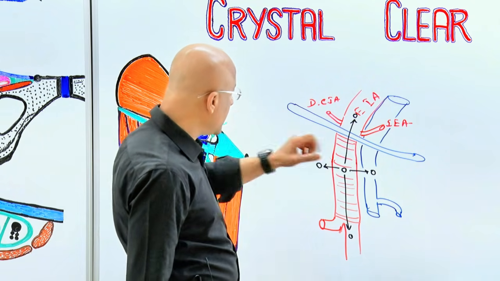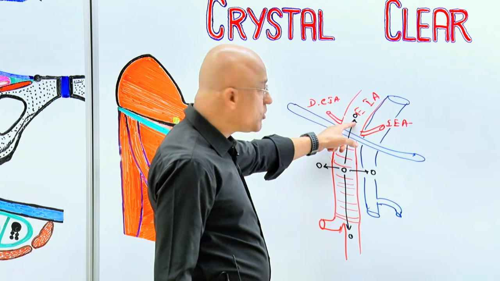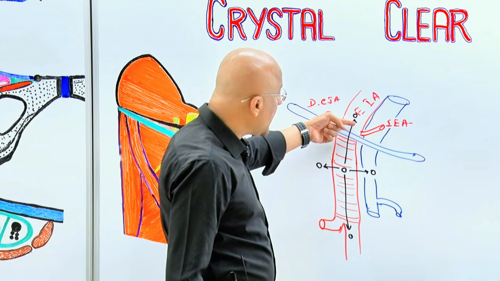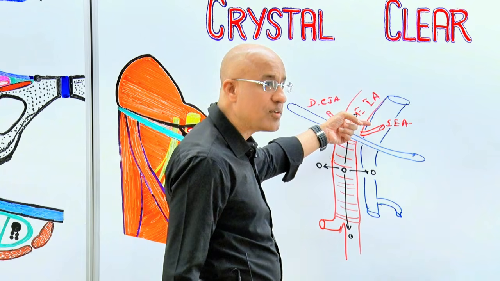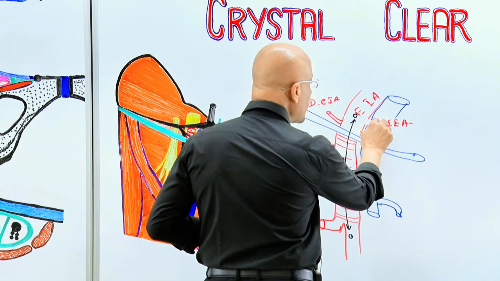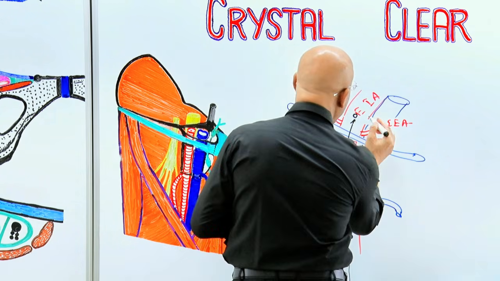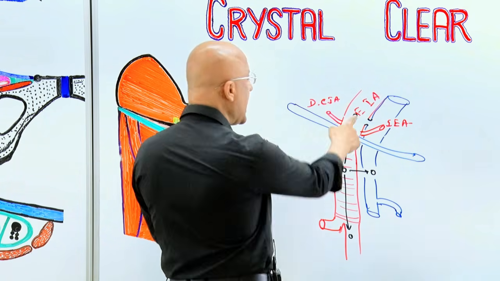Sometimes what happens, if the puncture is too high and you are doing it blindly, you might pass the needle through and through, transfixing these two vessels, right? And if the needle passes like this, that will make a very dangerous situation, and that is when you pull the needle back.